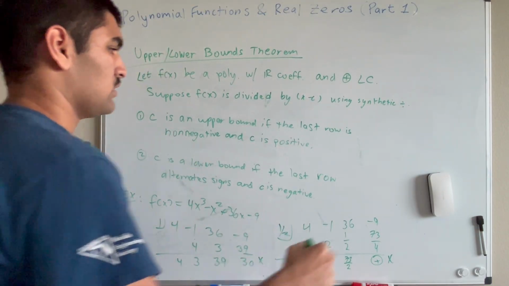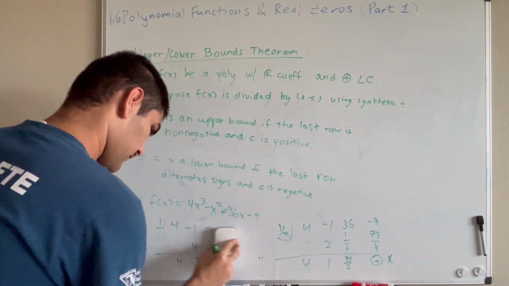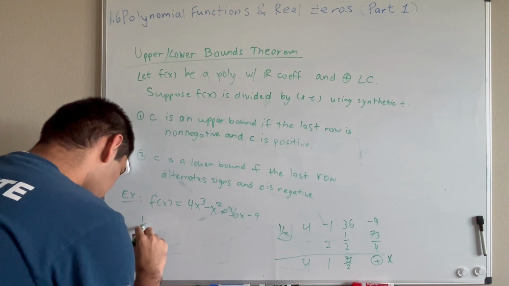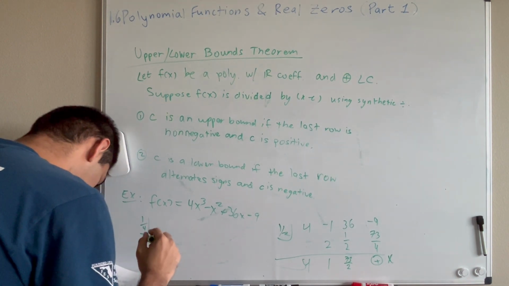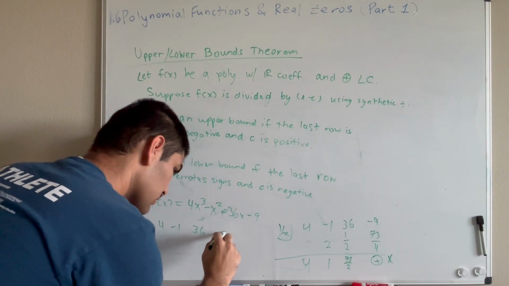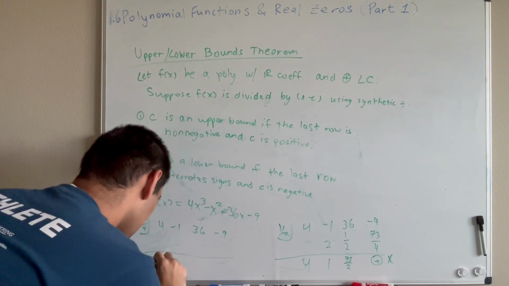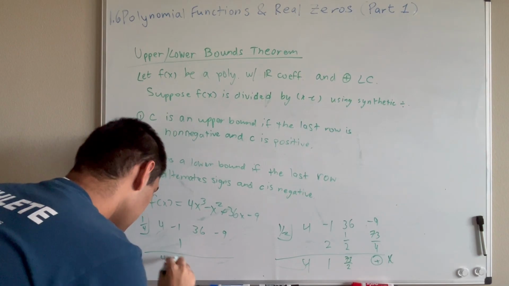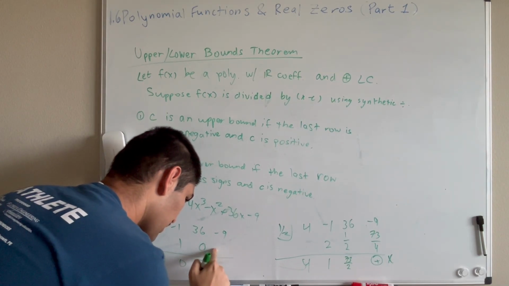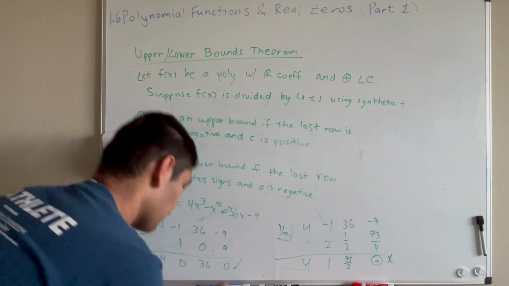So okay, let's try 1/4. So if we try 1/4, we get 4, minus 1, 36, 9, 1, 0, get positive 9, and indeed this works.